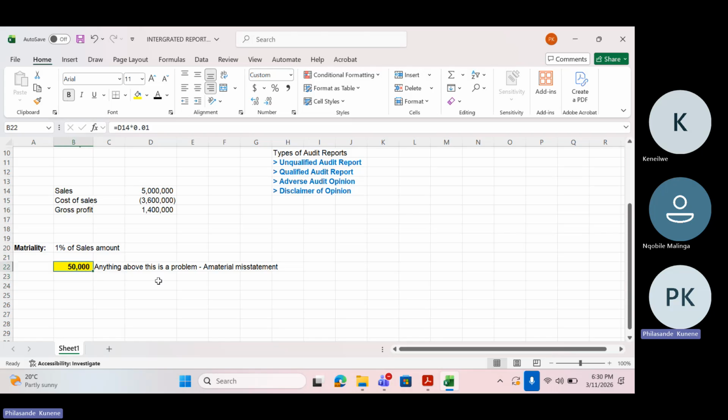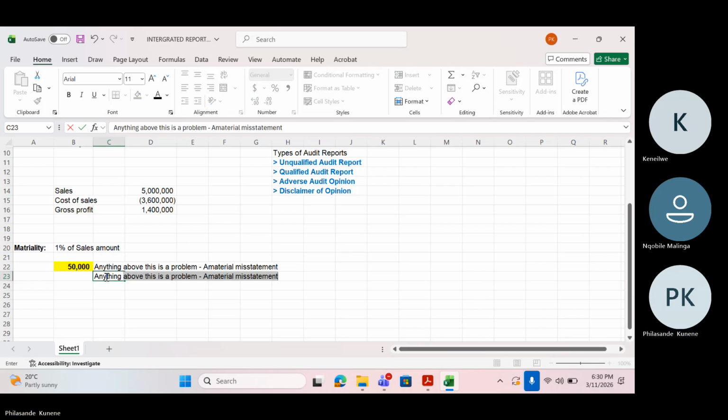It is above materiality. Then anything below this amount is not a problem, which means it is not a material misstatement.